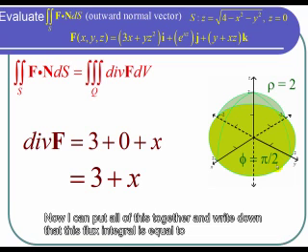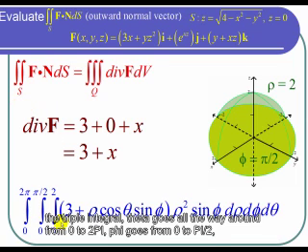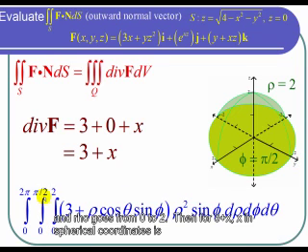So now I can put all this together and write down that this flux integral is equal to the triple integral. Theta goes all the way around from 0 to 2 pi. Phi goes from 0 to pi over 2. And rho goes from 0 to 2.